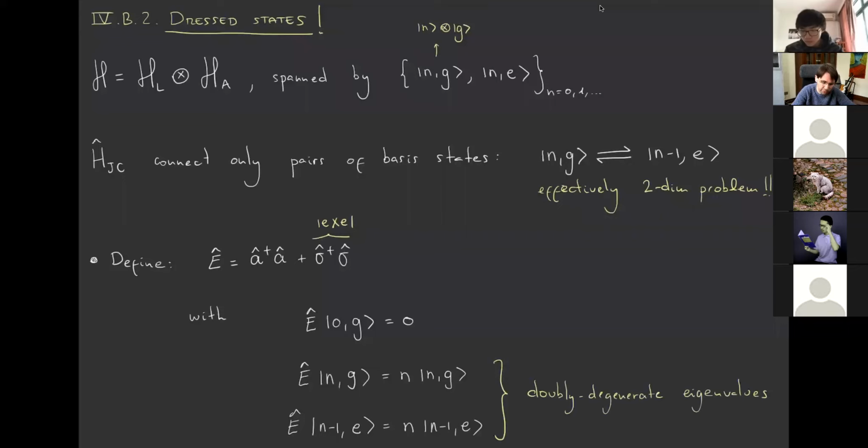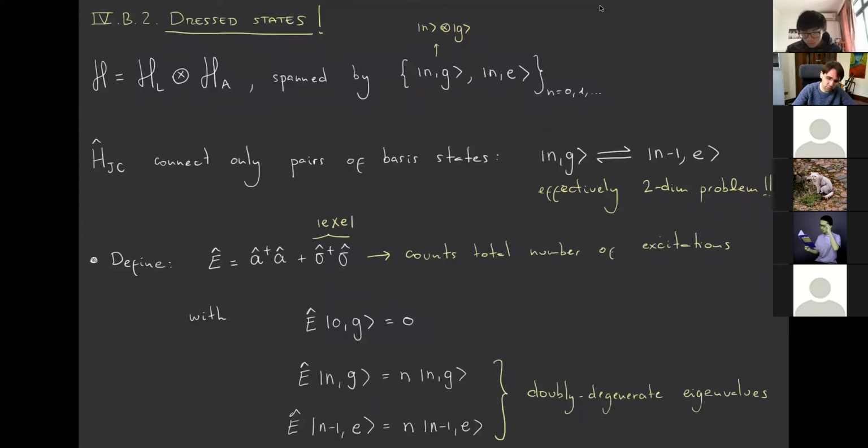As I said, this operator counts the total number of excitations, without distinguishing whether the excitations are in the field or in the atom. This means that for a given number of excitations, you have a doubly degenerate space, except when you have 0 excitations, in which case there is only one state that satisfies that.